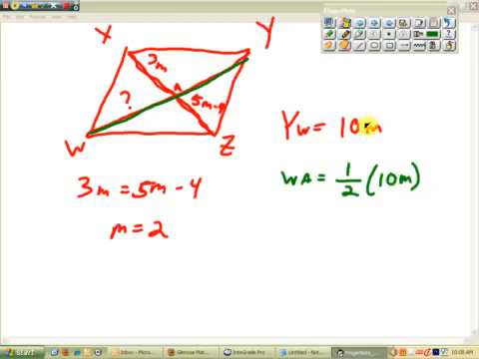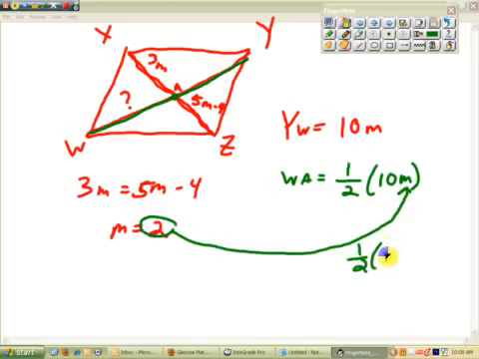WA goes to the middle. So you take your m, plug it in here, and you get 1/2 times 10 times 2, which is 20. So this is 1/2 of 20, which is the final answer, 10.